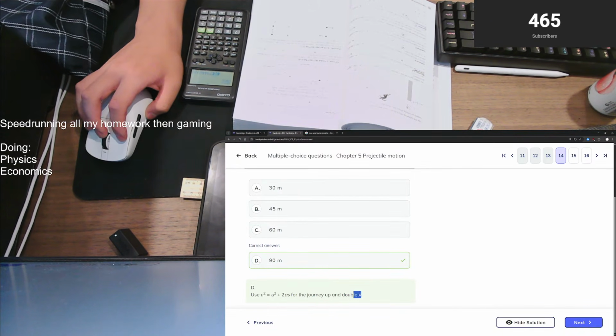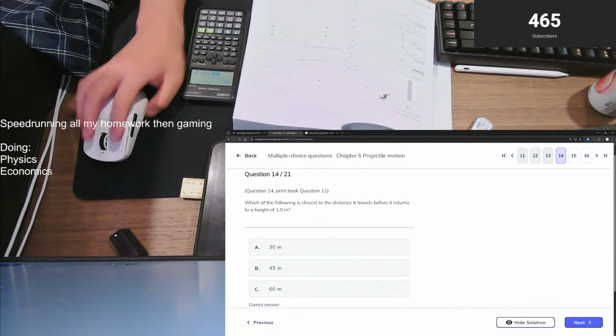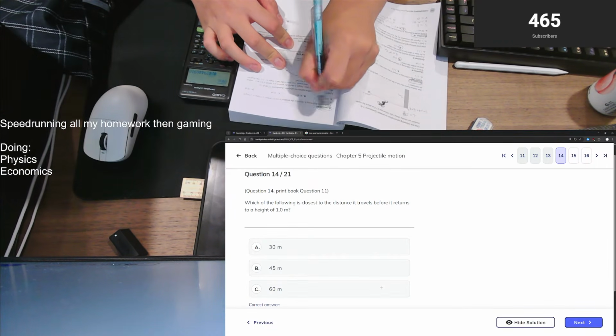What is X? Don't know how to do this question either.